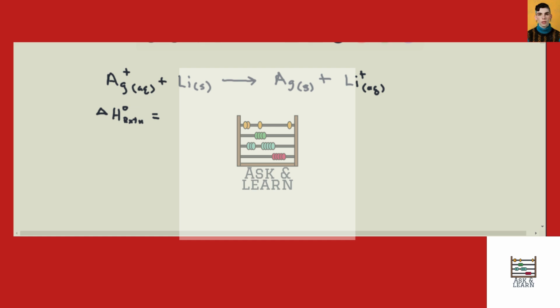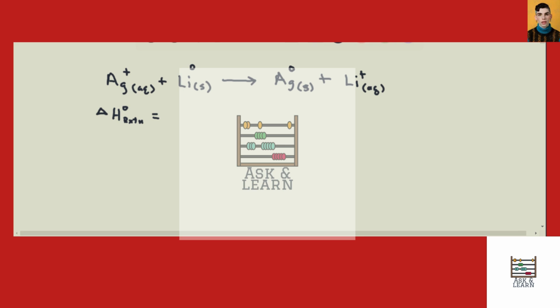Remembering that elements in their natural state have a heat of formation of 0. So in this problem, the solid lithium and solid silver both have heats of formation of 0. So it's a matter now of taking the products and subtracting the reactants.